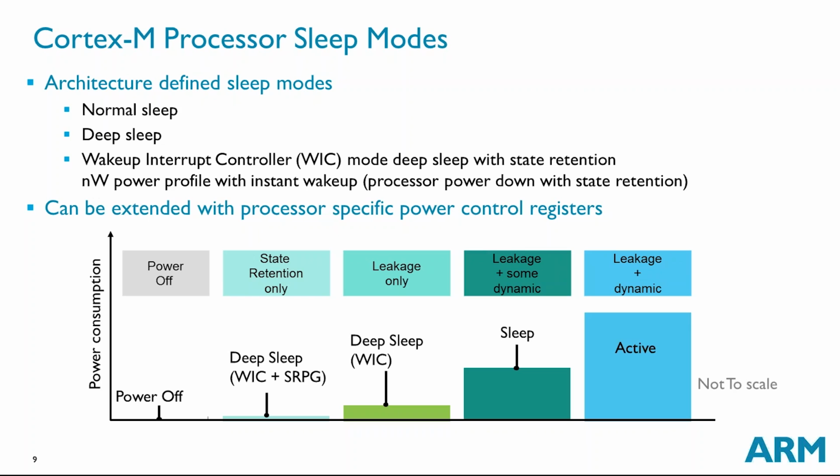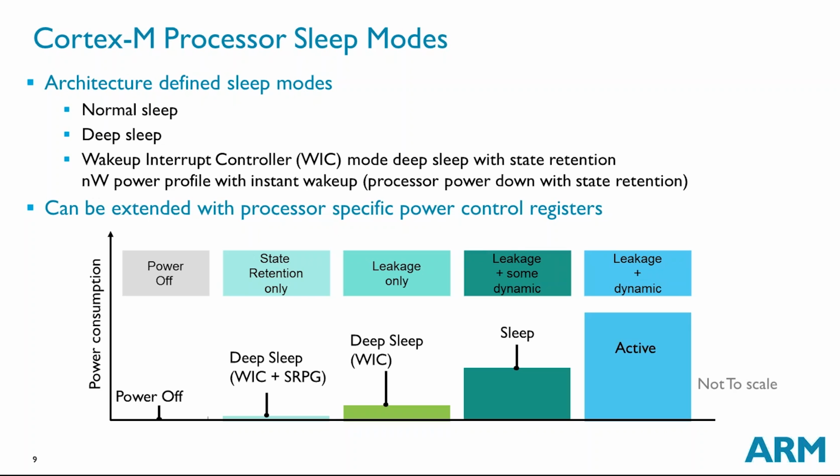If special state retention power gating technology is available in the semiconductor manufacturing process, the processor can be put into a state retention power down state. The only power needed then is for state retention, the wake-up interrupt controller, and the power management unit.